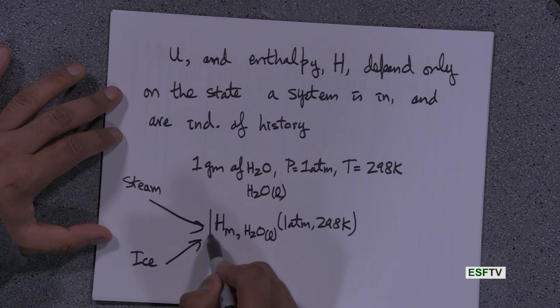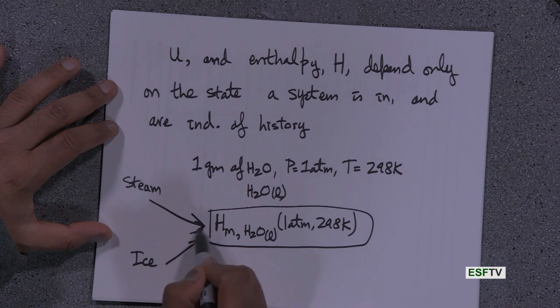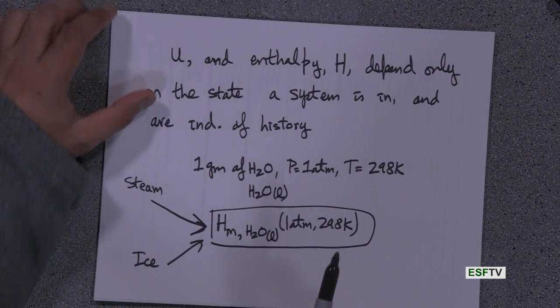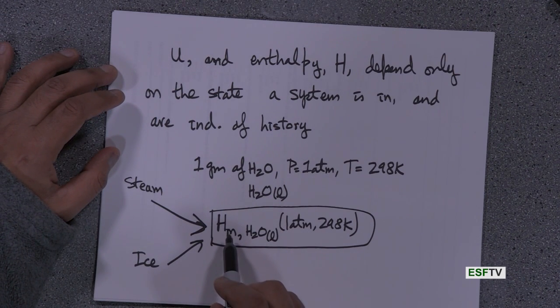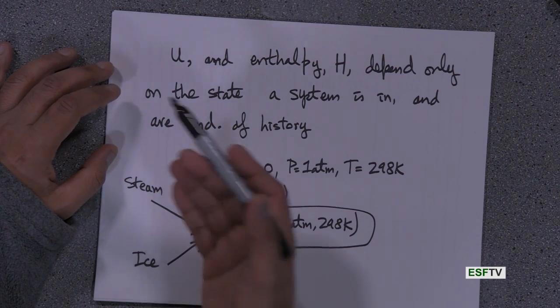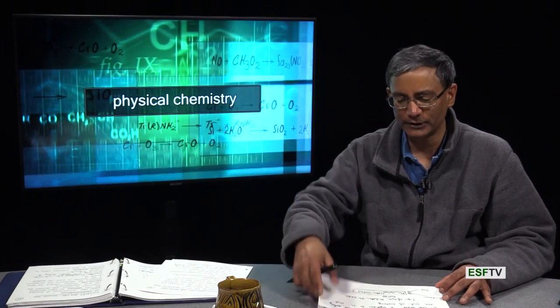In this condition, the liquid water has the same enthalpy regardless of what the past history or origin was. So, thermochemistry makes use of this feature of the enthalpy per mole, or the enthalpy and the internal energy, that these are functions of state.